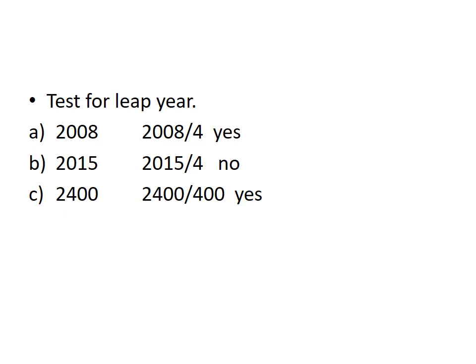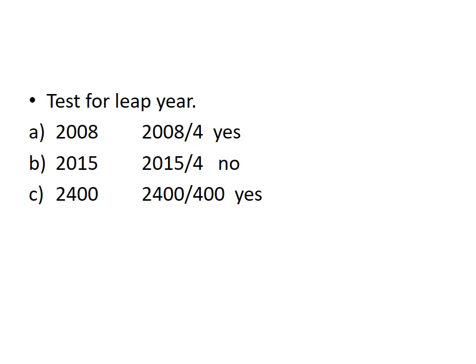Let us see few examples. First, 2008. It is divisible by 4, that's why it's a leap year. Second example, 2015. It is not divisible by 4, that's why it's not a leap year.